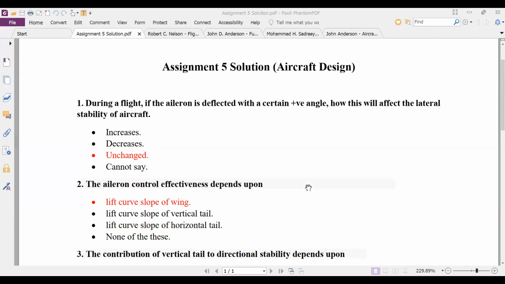Yes, sir, and it used washout. They use washout because, sir, it is prone to root stall very much. So that's why they have given the wing washout, so that the tips also stall, not early, but still after a considerable amount of time.